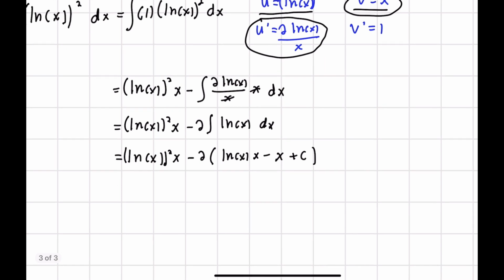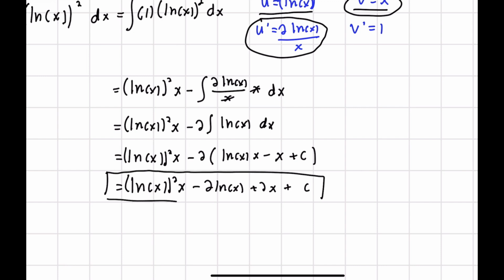So we have ln x to the power of 2 times x minus 2 ln x plus 2x minus 2c. And since c is a constant, it doesn't matter what coefficient we have at the front. So let's just write plus c. And here is our final answer.